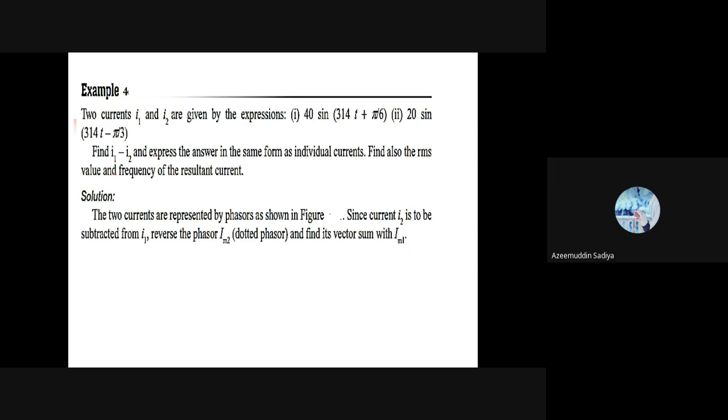The difference is that here we are subtracting vectors. Earlier we used to add, so for addition we had the law of parallelogram. But how do we subtract the currents? Suppose I1 and I2 are two currents in opposite direction, you are supposed to subtract.